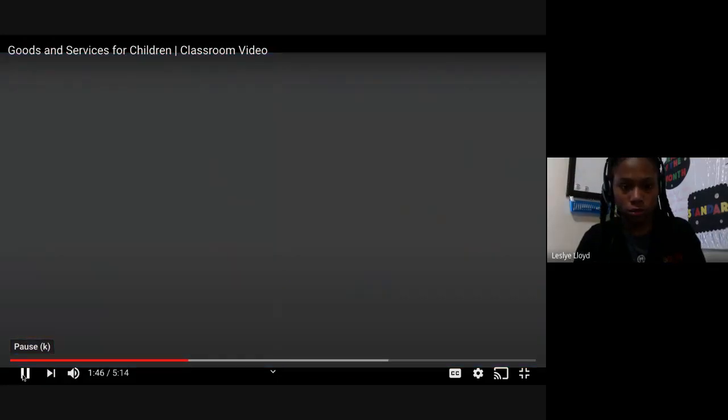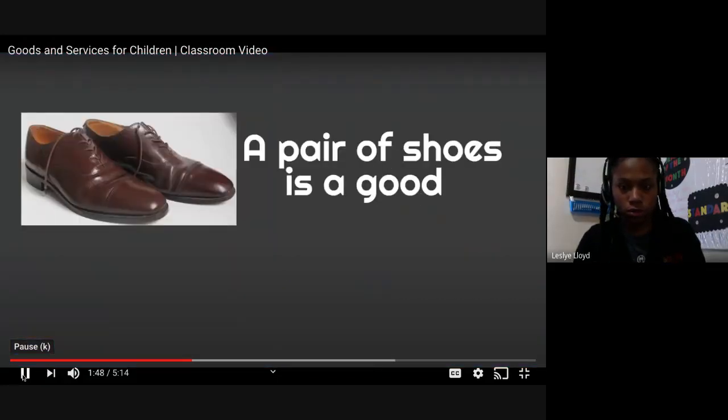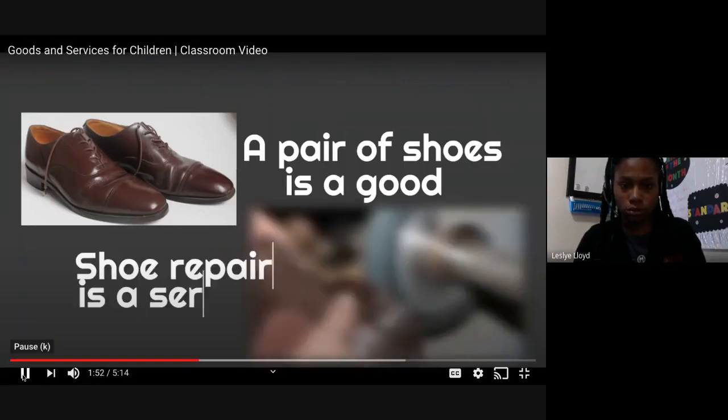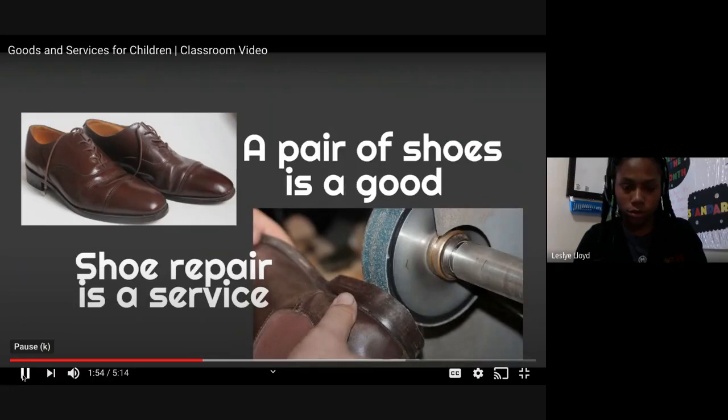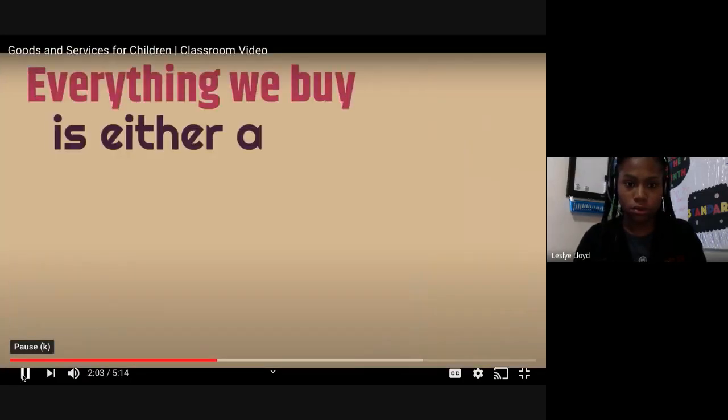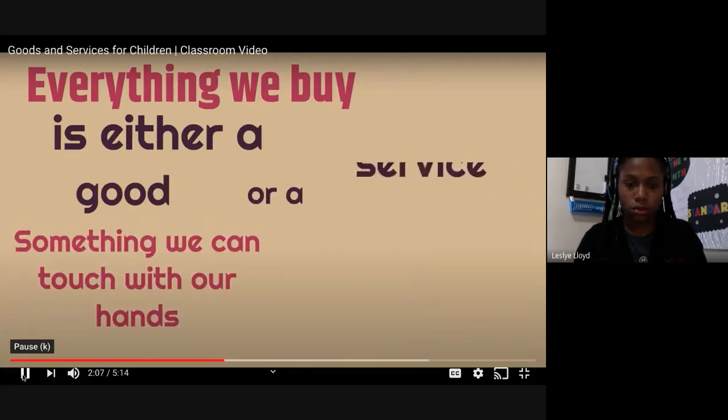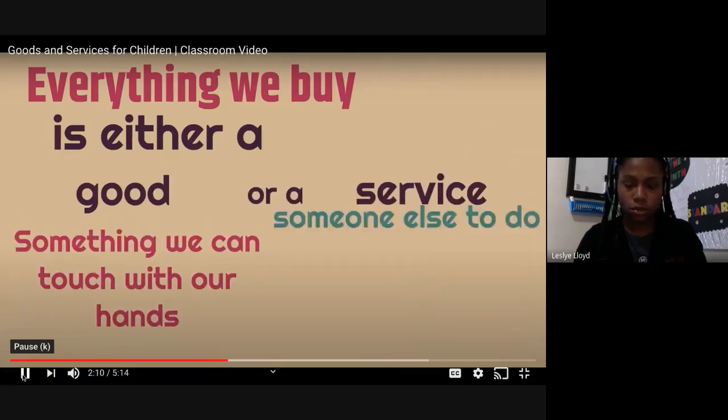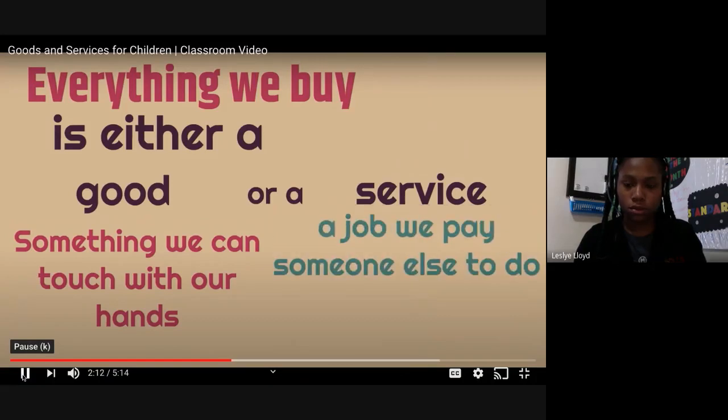Last example, a pair of shoes is a good. If you bought shoes, that's a good. That's something you can touch. But if your shoes break, the shoe repair is a service. It's a job that you pay someone else to do. Everything we buy is either a good, something we can touch with our hands, or a service, a job we pay someone else to do.